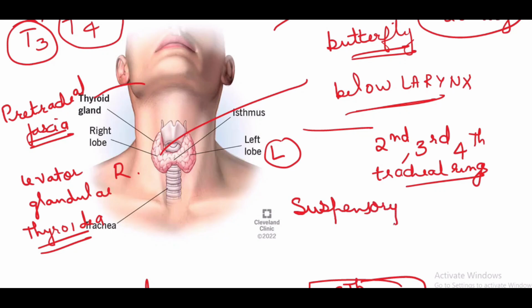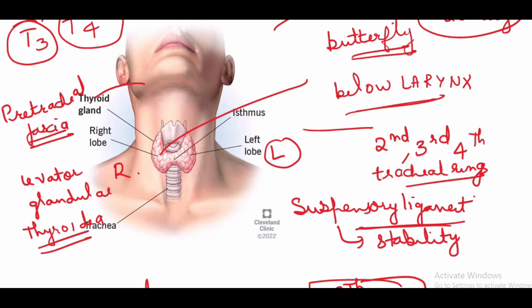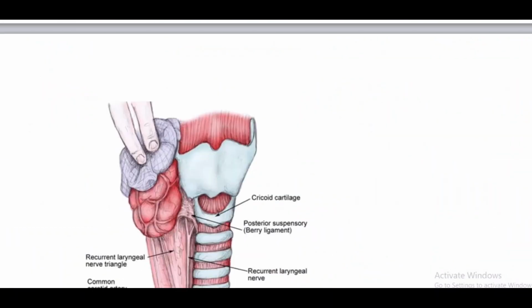Apart from that, an important structure is the suspensory ligament of Berry. This strong condensed connective tissue secures the thyroid gland to the cricoid cartilage and upper tracheal rings, which provides the stability.